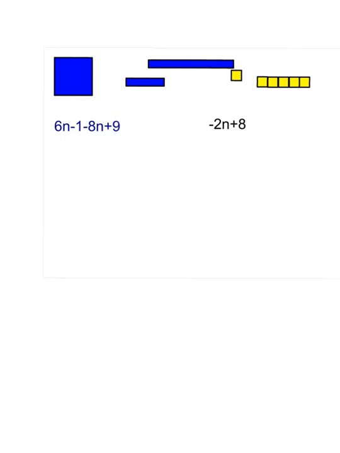Okay, so now as we evaluate this, let's just make it simple. Let's call n equals 1. So I'm going to say I have 6 times n minus 1 minus 8 times n plus 9. I want to keep this in the original form because if I made a mistake somewhere in my transition of making everything addition, I don't want to reproduce that mistake.